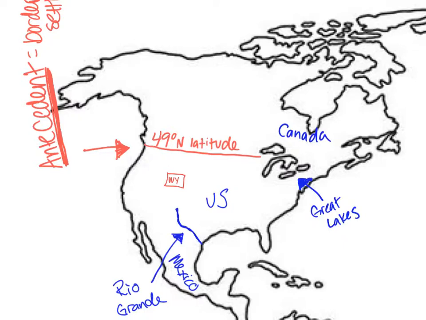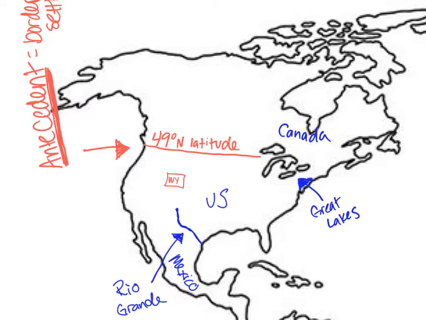And its borders are along longitude lines. So we just talked about how the 49th parallel and 38th parallel are latitude lines, right? Well, Wyoming's borders are along longitude lines, okay?